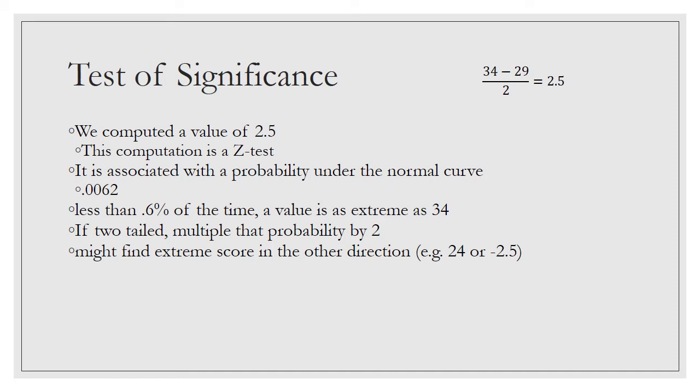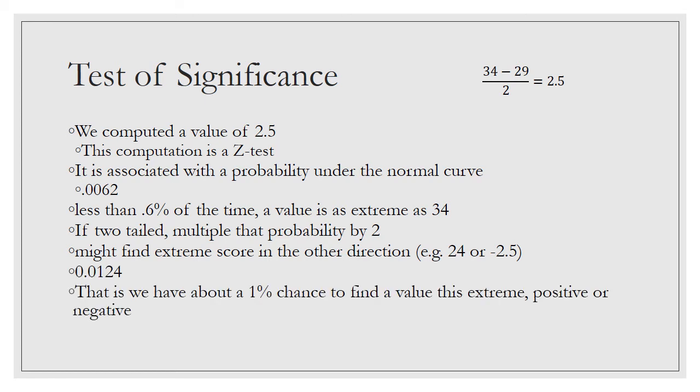And negative 5 divided by 2 would be a negative 2.5. So you could find a negative value just equally as far from the hypothesized mean of the population. So we would just multiply 0.0062 by 2, and we come up with a value of 0.0124, or just think about it as approximately 1%.